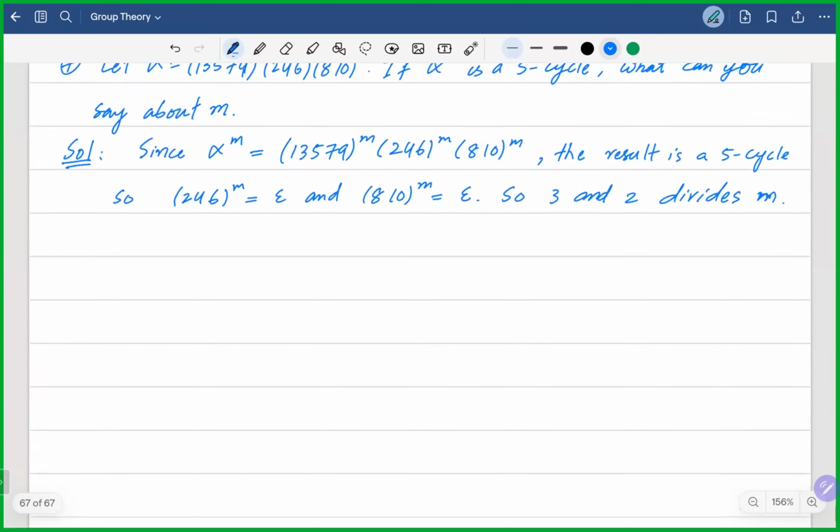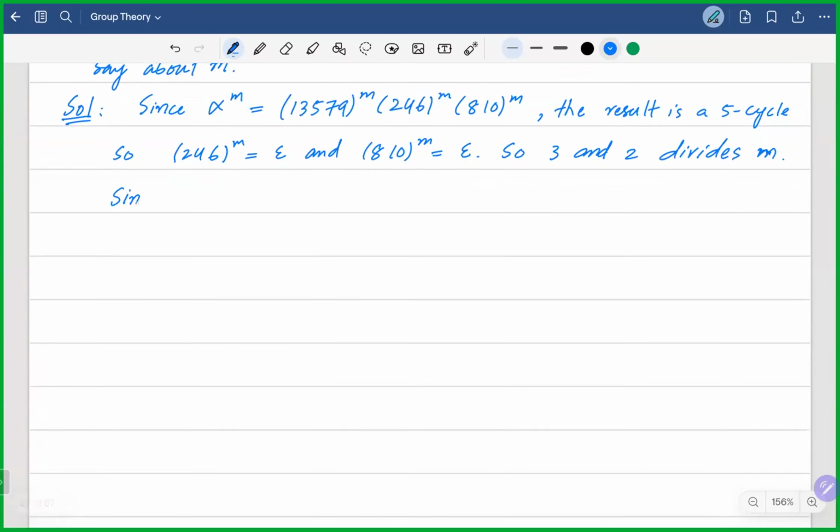Now since 1 3 5 7 9 power m is not an identity, we know that 5 does not divide m.